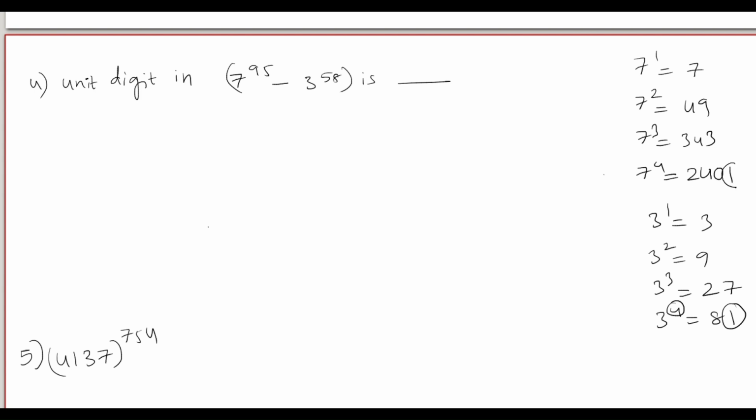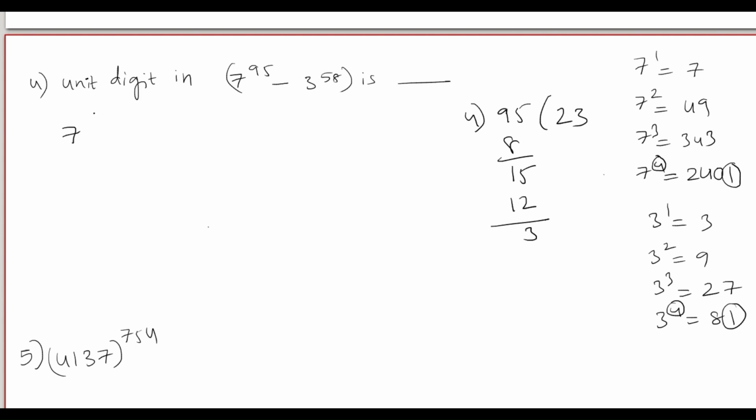As there is a 1 here, we will divide the power by 4. And the same for 3: 3 power 1 is 3, 3 square is 9, 3 cube is 27, 3 power 4 is 81. So for the 3 power also we are going to divide by 4. Let's do that. 95 divided by 4: 4 twos are 8, 4 threes are 12, so we get a remainder of 3.